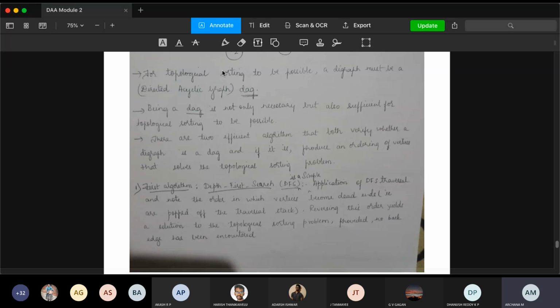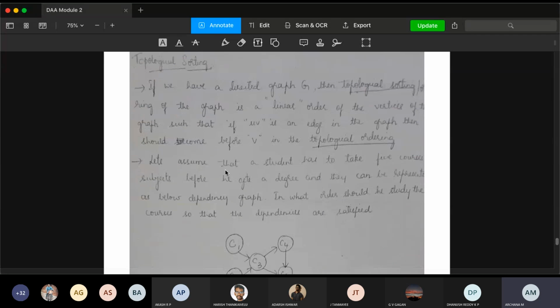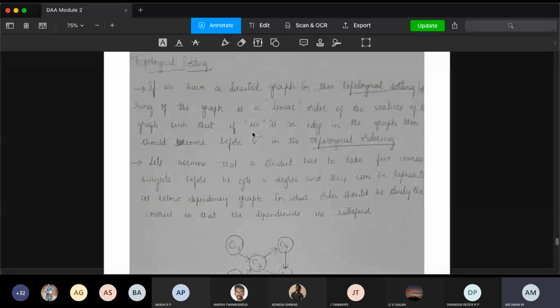Now, the very, very important thing we come to know from this definition is there will be an edge from U to V, so that U will be the starting vertex and V will be the ending vertex. This is the very important thing we should note down.